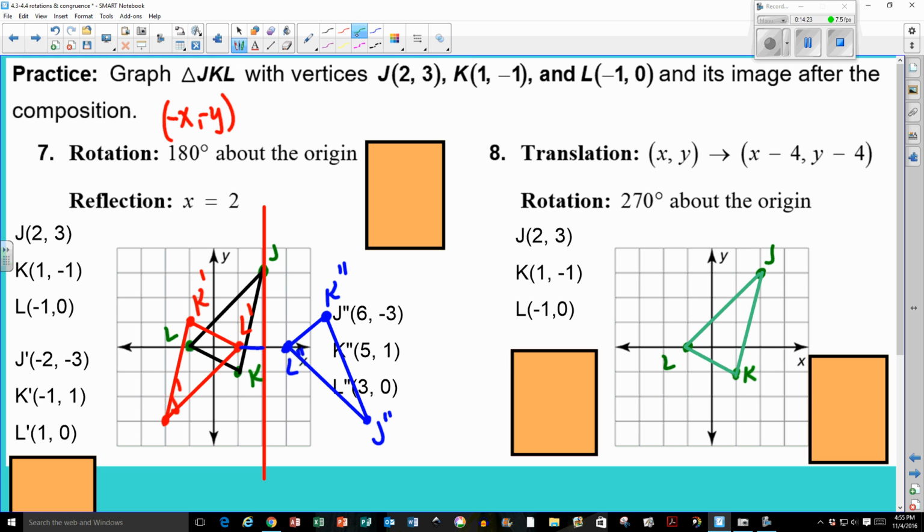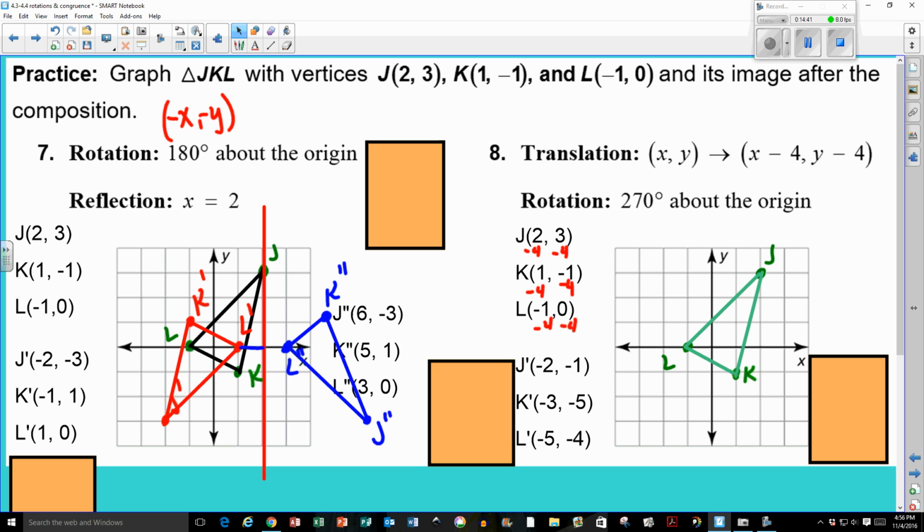All right, and now let's do red for the translation. So I'm going to subtract 4 from everything. That's X, and I'm going to subtract 4 from everything. That's Y. So 2 minus 4, 3 minus 4. So now we get this set of points.